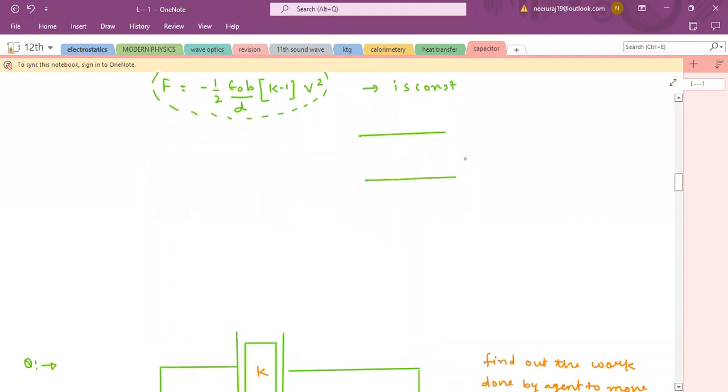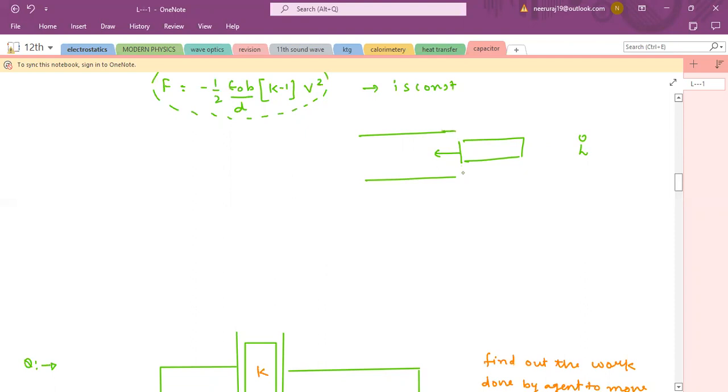In this scenario, they ask this question: if this slab goes inside, and no one is holding it, you release this slab, then find out its time of oscillation. So what does this do, bacho?